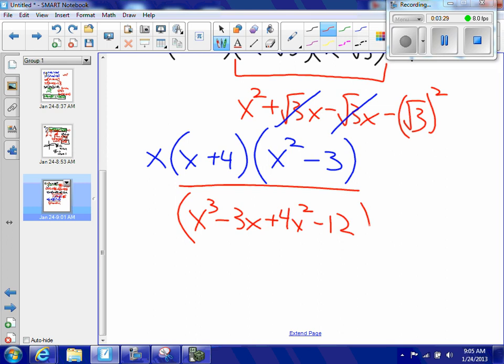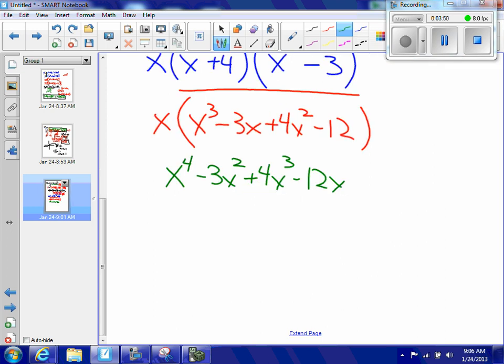All of that is times x. Well, now let's just take x and multiply it times each of the terms. x to the 4th minus 3x squared plus 4x cubed minus 12x.